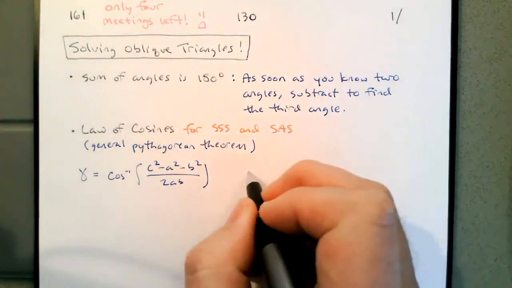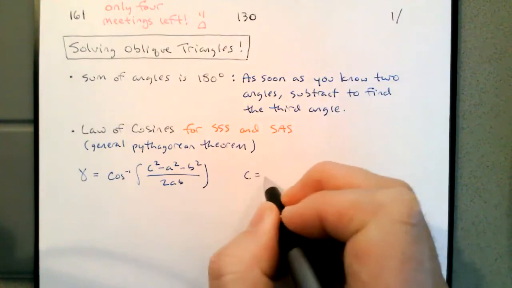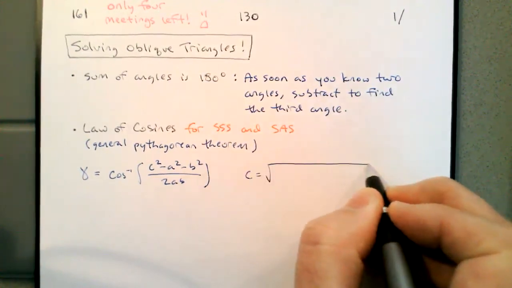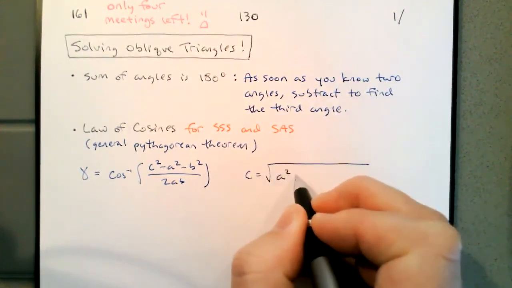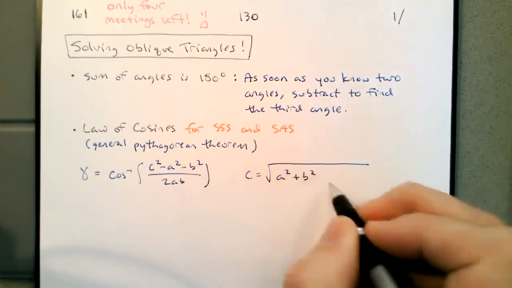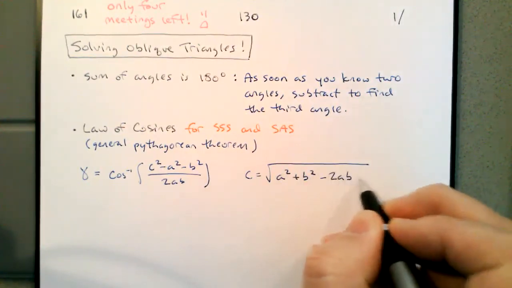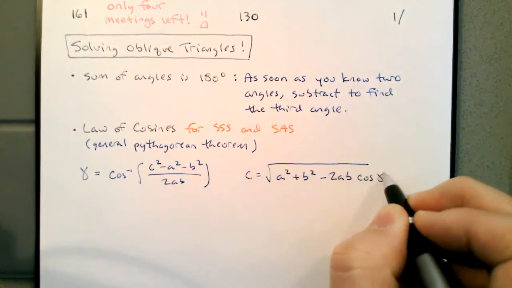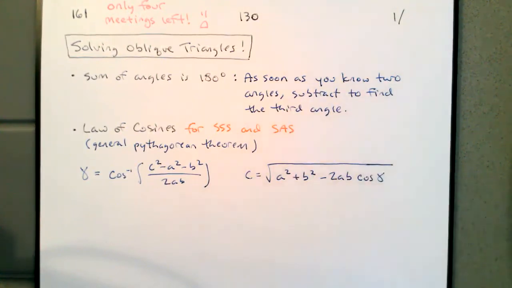So I can say that c is the square root of a squared plus b squared minus 2ab cosine gamma. Another way I think about this is that we use the law of cosines when we're looking for an opposite side; it works for sines as well.